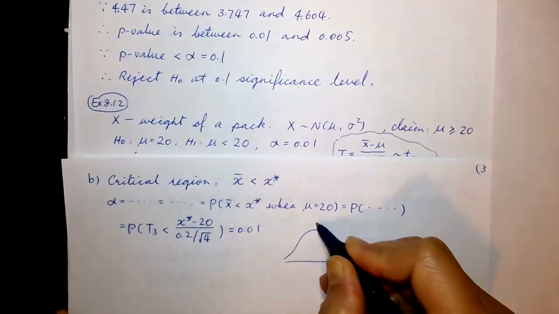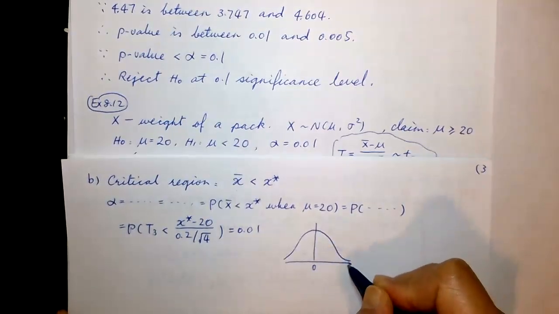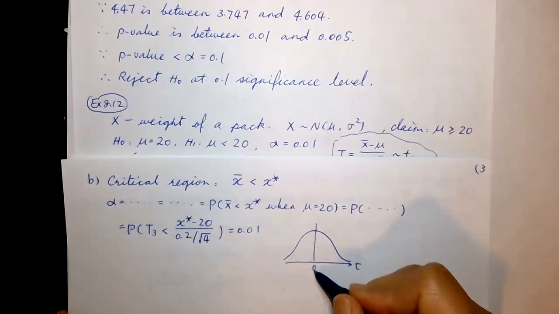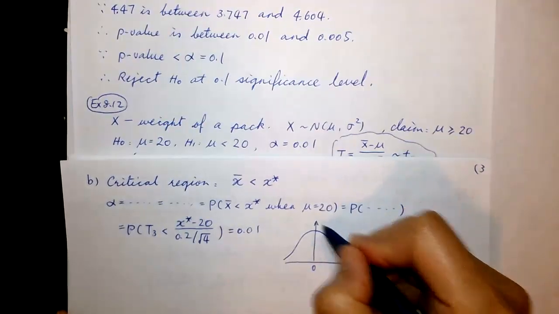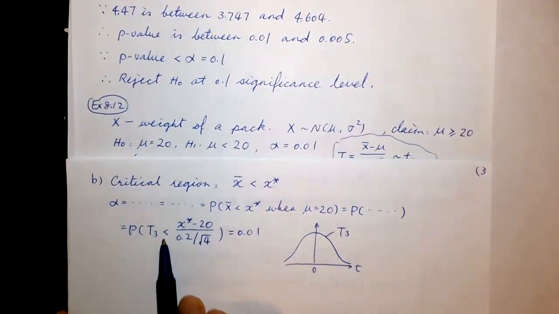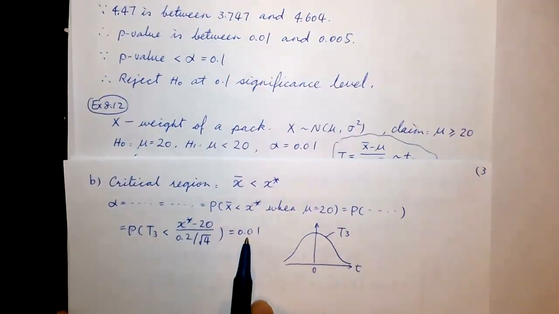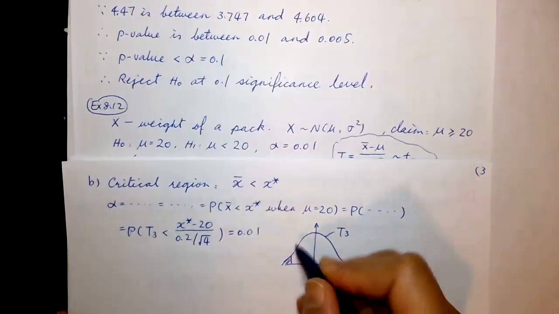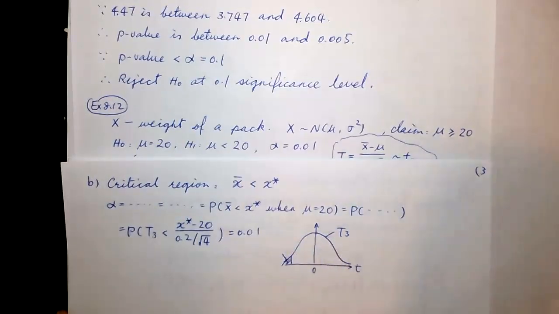Back to the PDF of this T. Remember this T can be negative, positive, symmetrical about 0. T is less than something with a very small probability, so it has to be on the negative side.